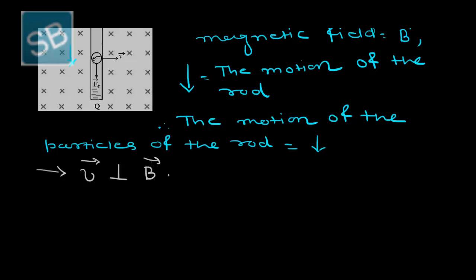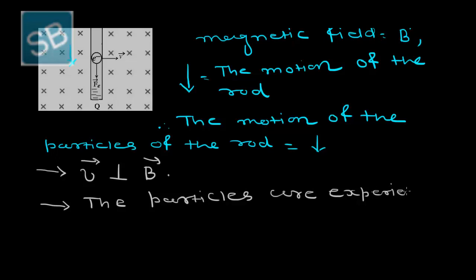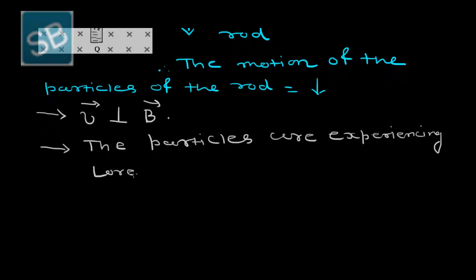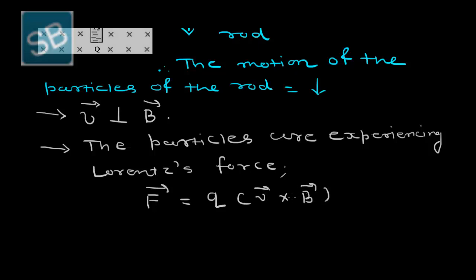Hence the particles experience the Lorentz force, which is given by F vector equals q into v cross B. Here q is the charge of the particle, v is the velocity of the particle and B is the magnetic induction.